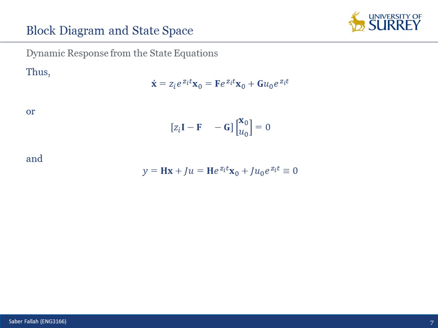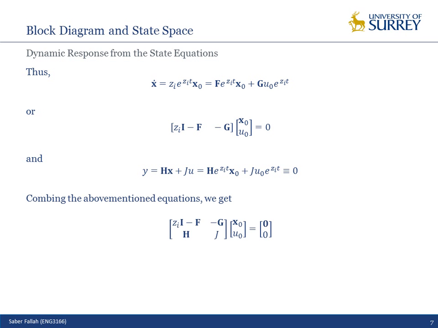But the output is equal to h x plus j u. Again, I substitute x(t) equal to e power zi t x naught, and u equal to u naught e power zi t. If I write this formulation in terms of x naught and u naught, and combine this one with this relation, I will come with this matrix format.